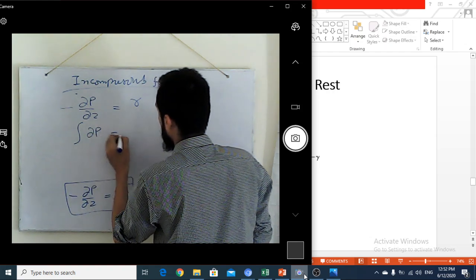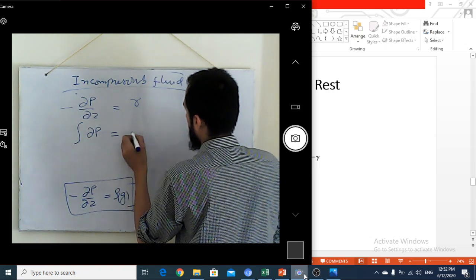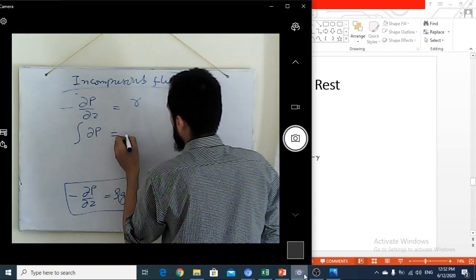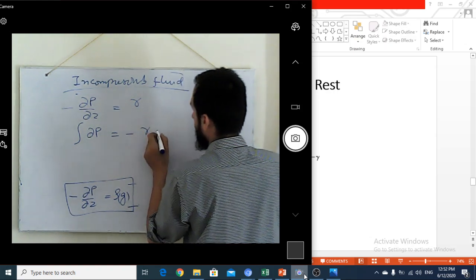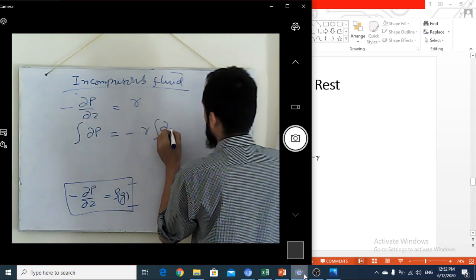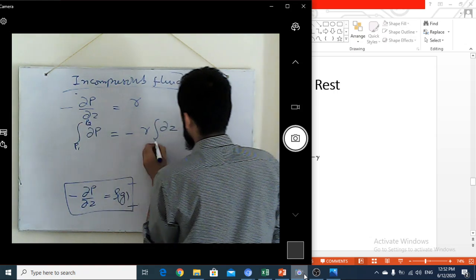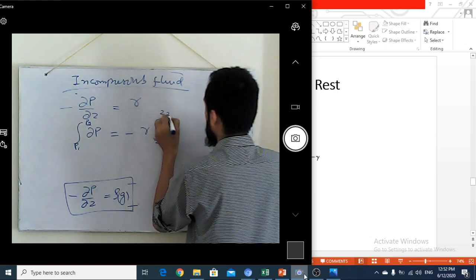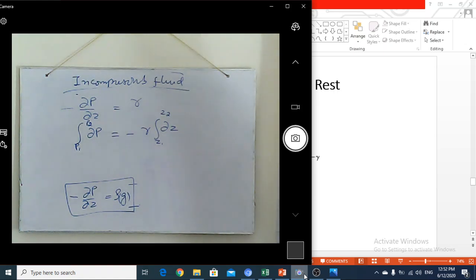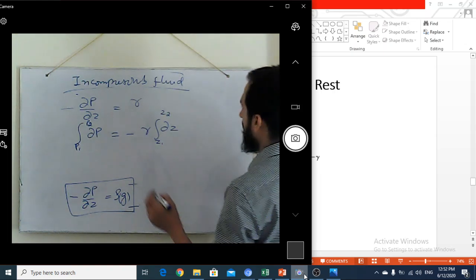∂p into minus specific weight, from P1 to P2, from Z1 to Z2. I think I have represented the figures in the presentation.